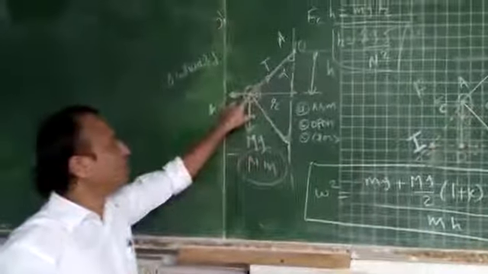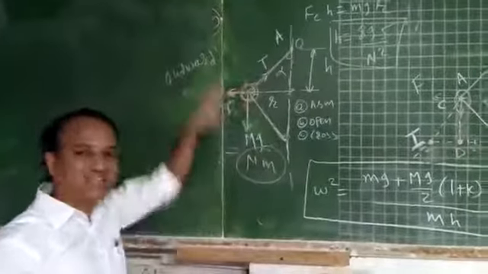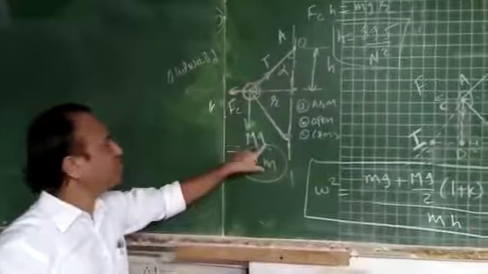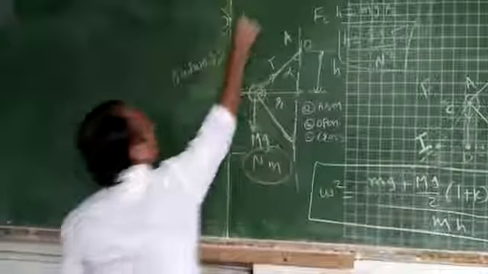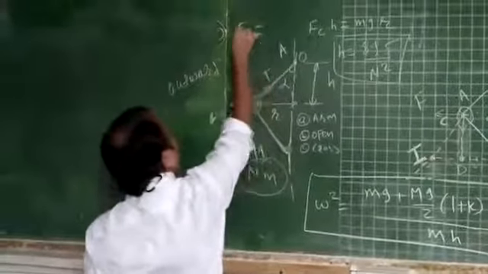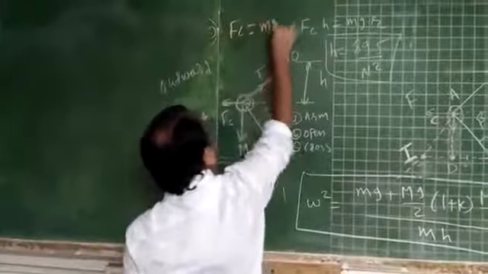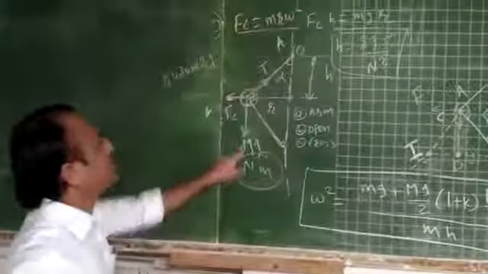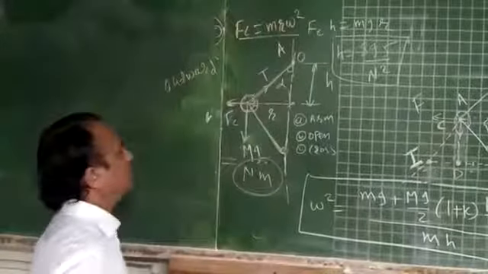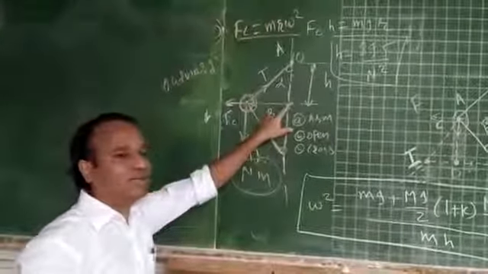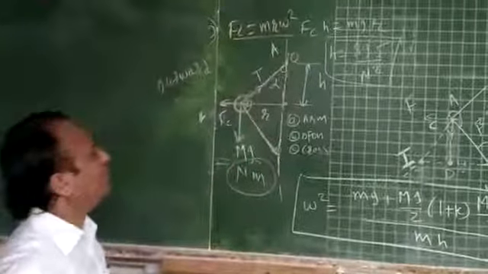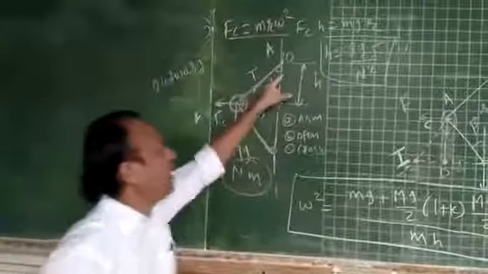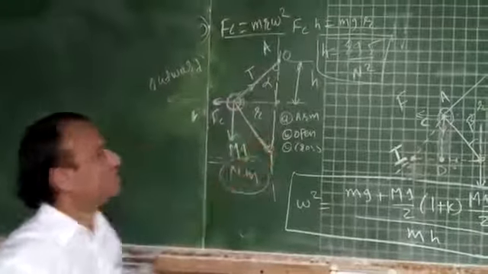Weight of the governor ball acts in a downward direction, that is mg. So Fc, we already know the magnitude of the centrifugal force. Fc is m r omega squared. Here m is the mass of the governor ball, r is the radius of rotation, and omega is the angular velocity of the spindle.